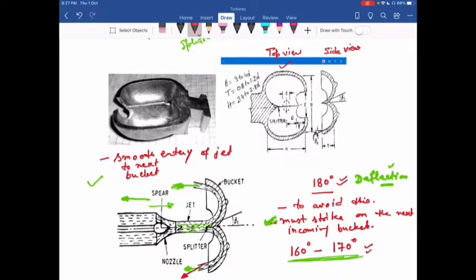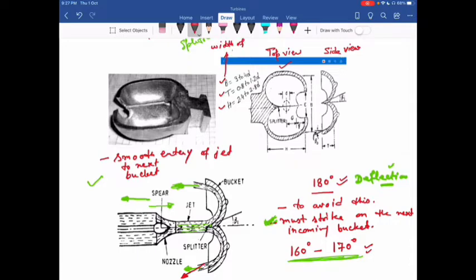Now in these two views, we have three important dimensions: one is B, another is capital T, another is H. Now this B is called the width of the bucket.